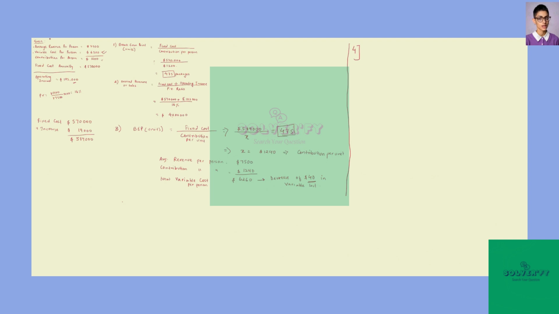Now in question 4, it is saying that if the average revenue is increased to $8,200, so the new revenue per person is $8,200, and if the variable cost is the same as before, that is $6,300, the new contribution per package or per person is $1,900.